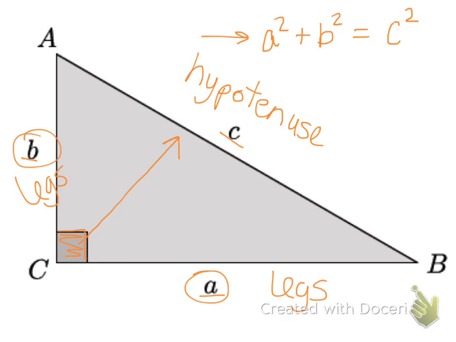So it's useful that way. But this is what we want to show: that if we square the legs, add them together, and then square the hypotenuse, those two quantities will be equal. Okay, so let's look at how we might do that.